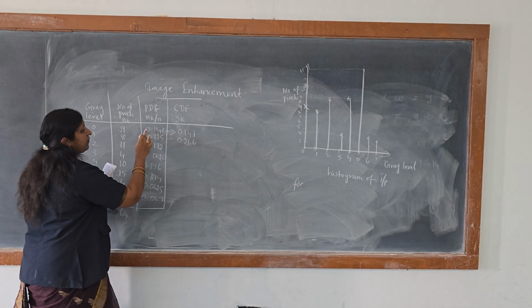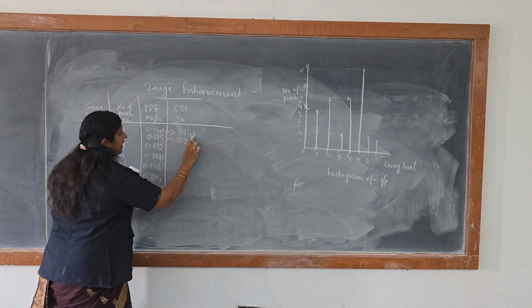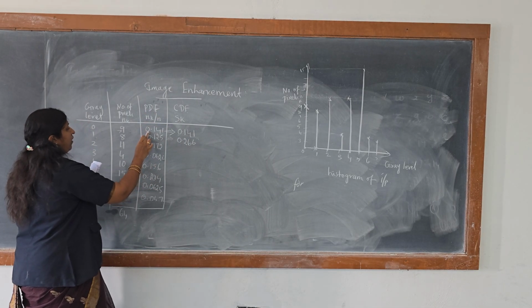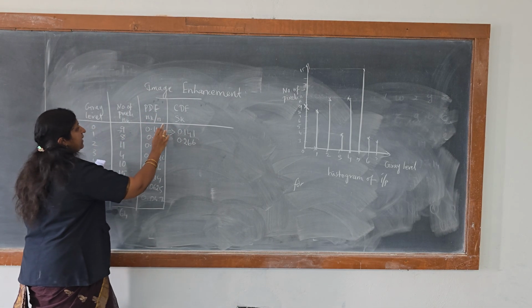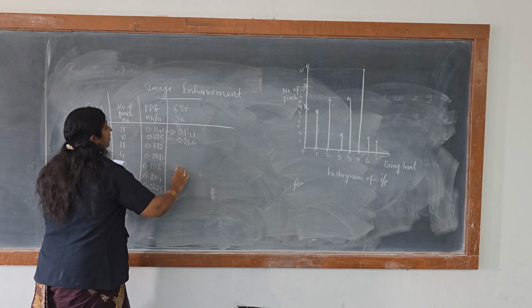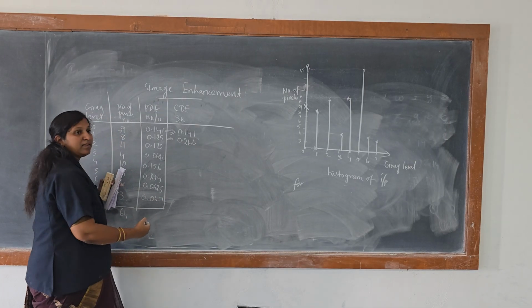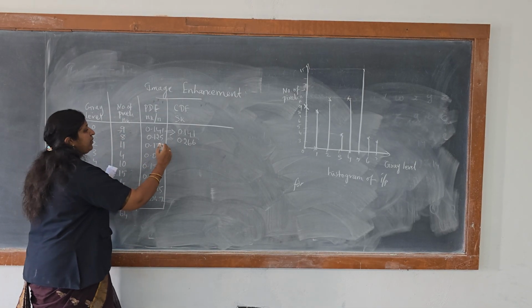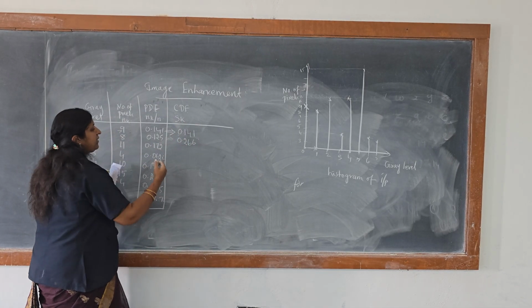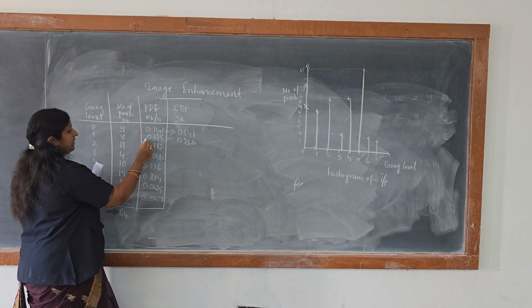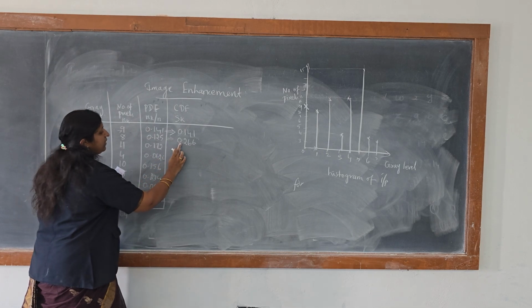What we have done is, first I took the PDF of the first gray level as the CDF of the first gray level, and for the successive values we cumulatively add the previous value. This value is added with the next gray level PDF and you will get the new value.